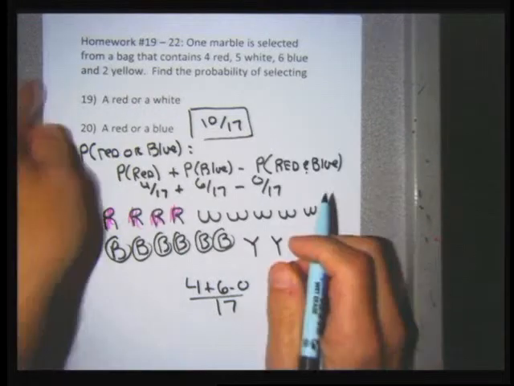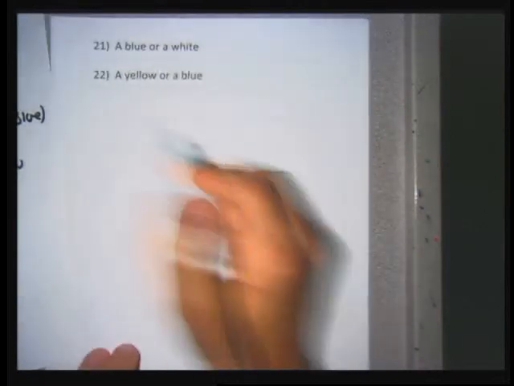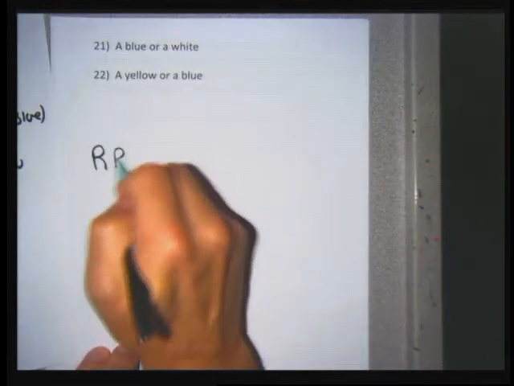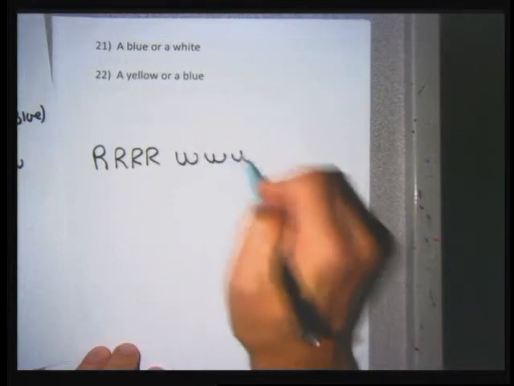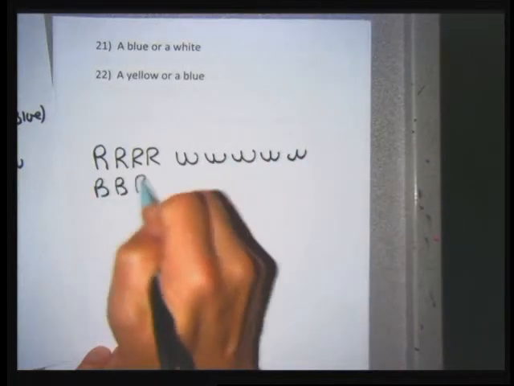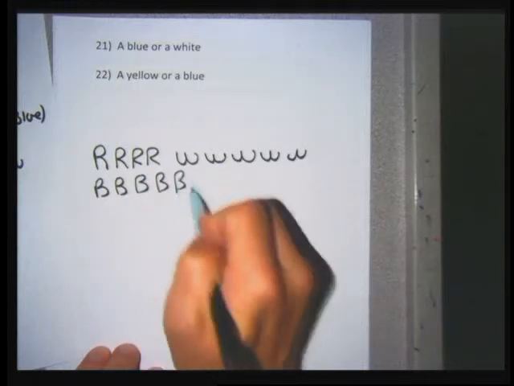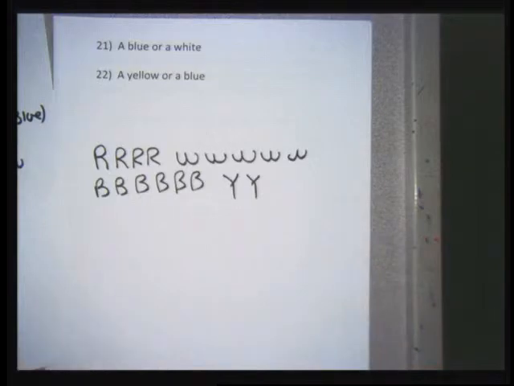The worst part of this is creating a sample space, I think. So my sample space, again, is 4 reds, 5 whites, 6 blues, and 2 yellows. I'm picking one marble out.